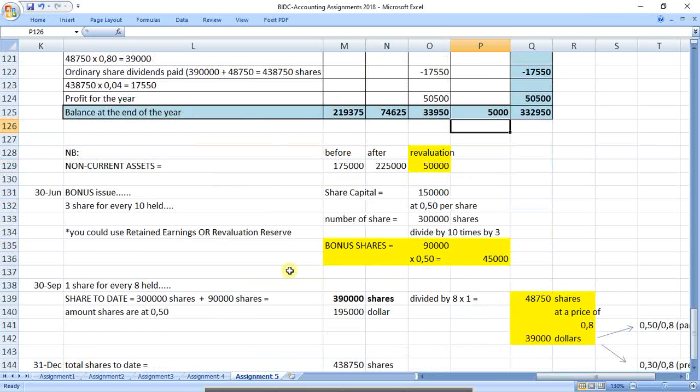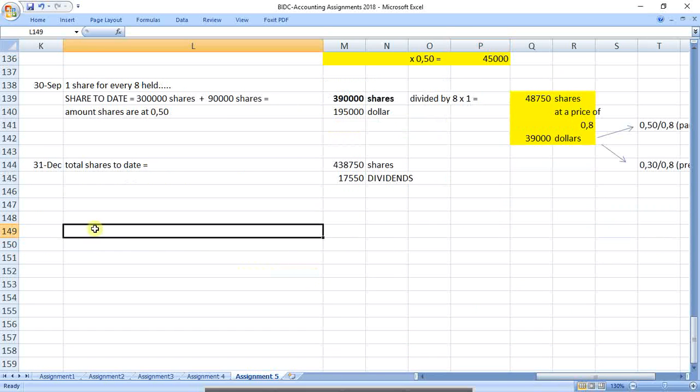Okay, so B: state 3 advantages and 1 disadvantage to a limited company of making bonus issues of shares. That's purely theory, which we can reference in the textbook. Where is it? Bonus share issue. So I'm going to say advantages of bonus shares.